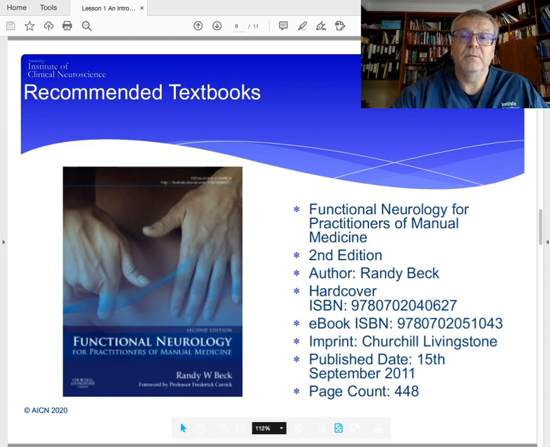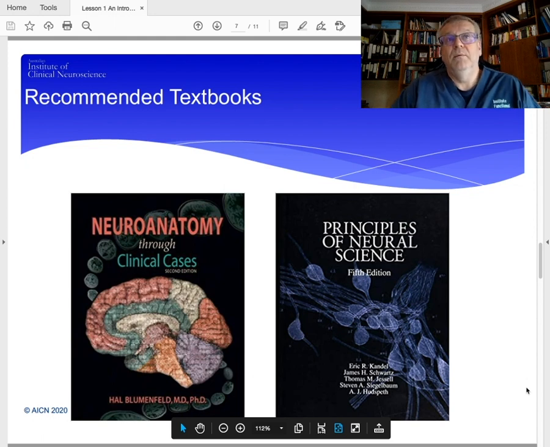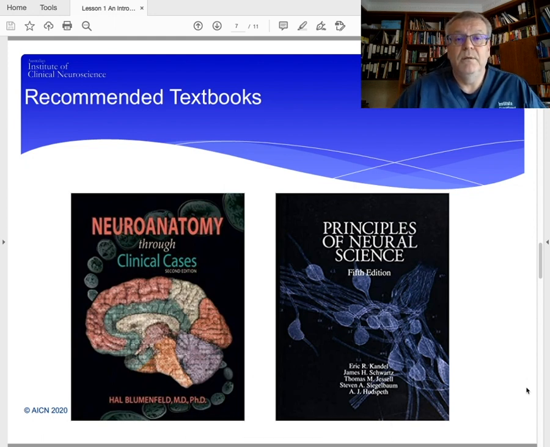The other two textbooks that I would highly recommend that you get are Neuroanatomy Through Clinical Cases, which is Hal Blumenfeld's book. It's a very, very good book, and it's got a lot of the anatomy ranging from simplified to difficult or detailed that will cover most of the anatomy that we need to cover in this course.